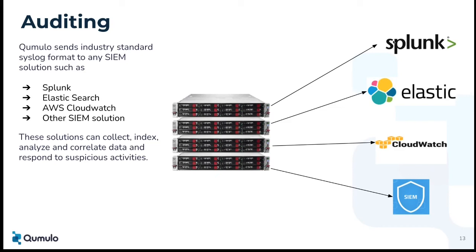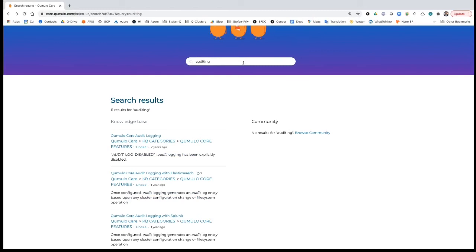All these solutions are there to collect data, index data, analyze and correlate data so that you are always able to see what's going on, what did happen, or even what is going on in real time. And just a side comment on the documentation.